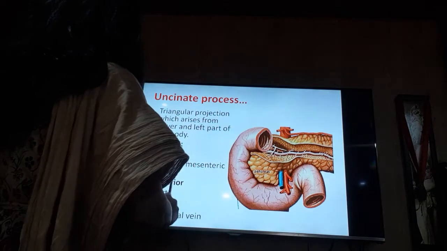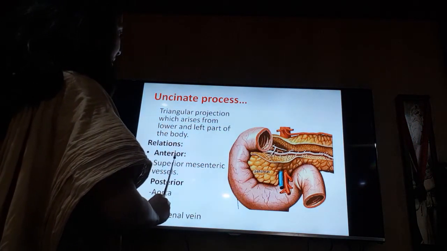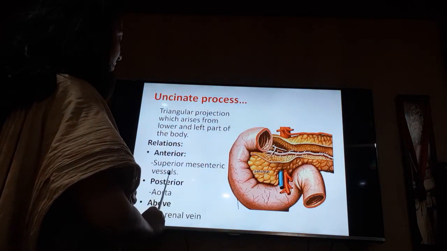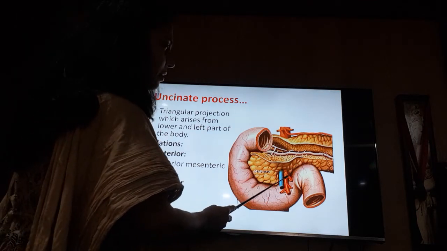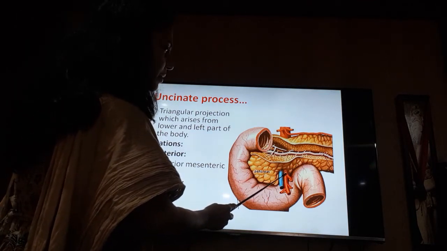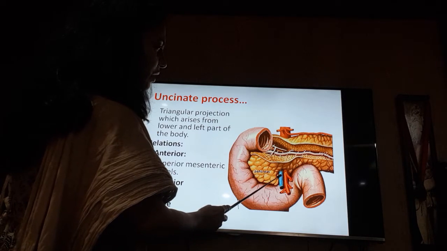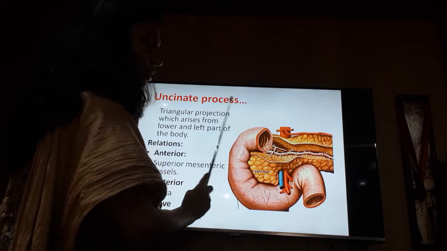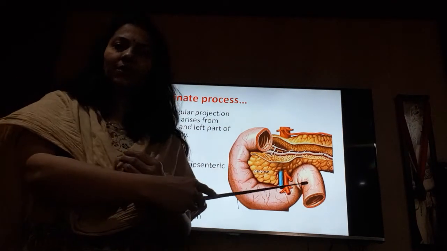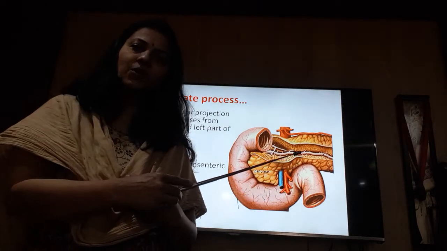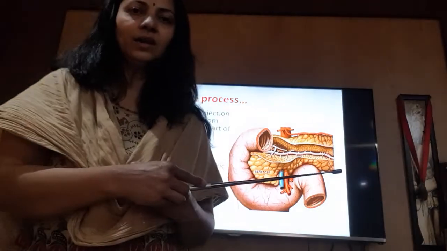So, its relations. Anteriorly, it is related to the superior mesenteric vessels. Obviously, the superior mesenteric artery and superior mesenteric vein are both present anterior to the uncinate process. We cannot see the uncinate process clearly because these two vessels are coming out.